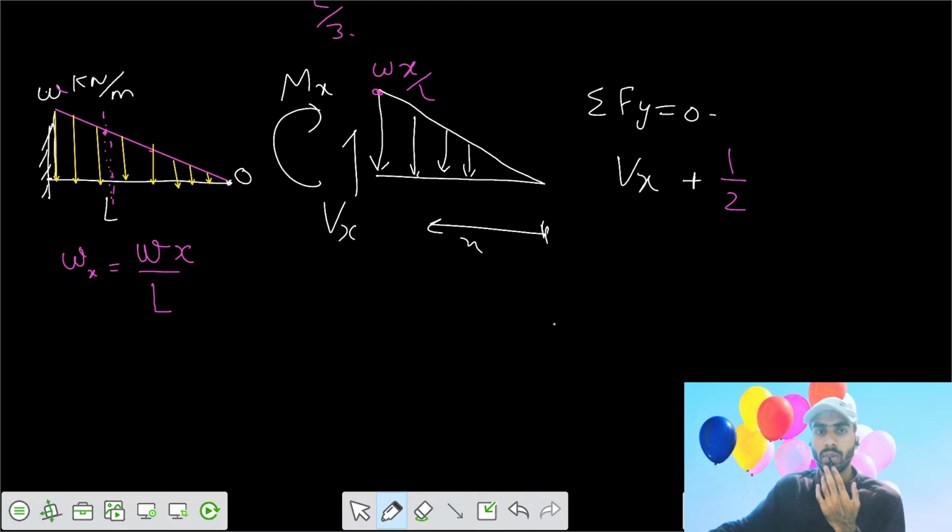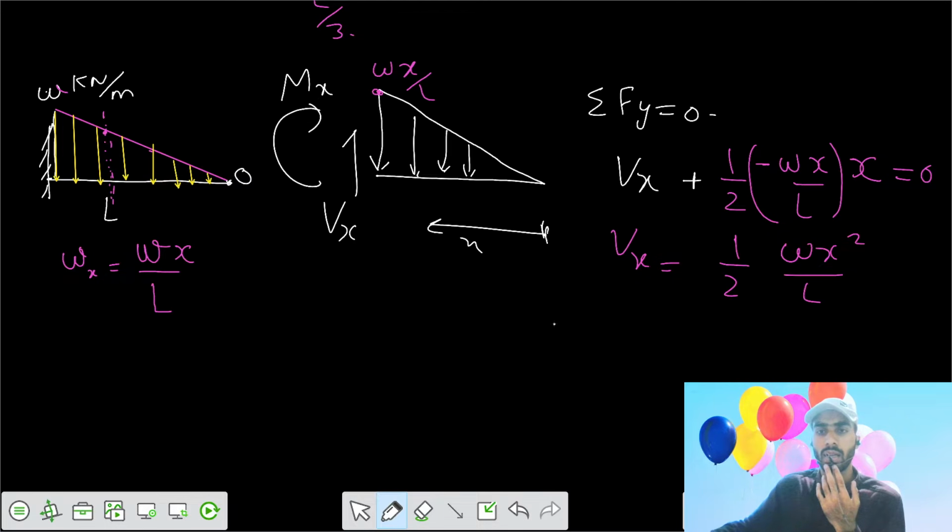W acts downwards, so minus Wx by L, acting for a length of x, equals 0. So the shear force at x equals half of Wx square by L.